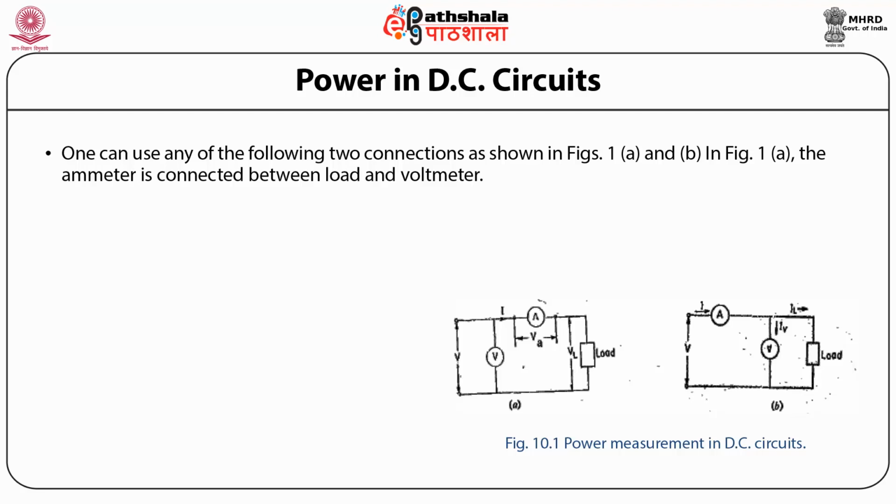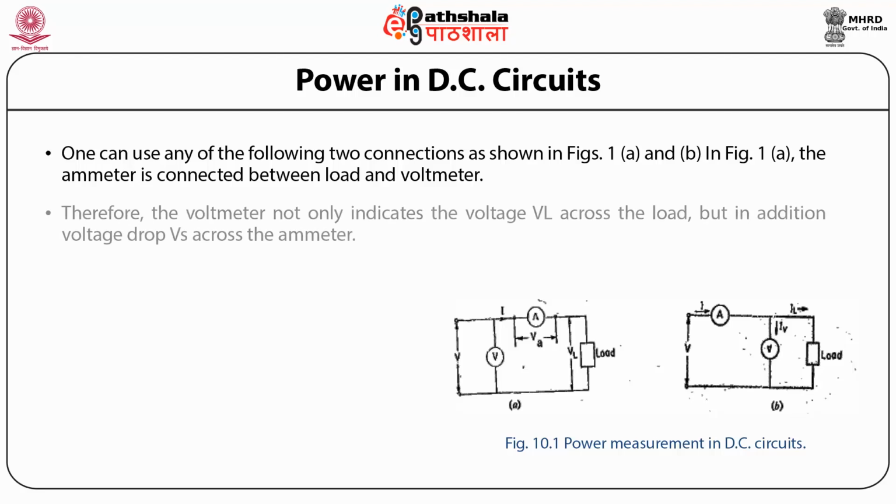In figure 1a, the ammeter is connected between load and voltmeter. Therefore, the voltmeter not only indicates the voltage VL across the load, but in addition, the voltage drop Va across the ammeter.